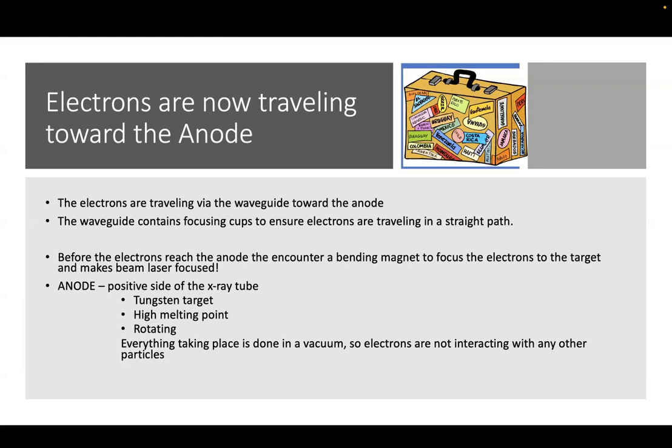It's made of tungsten, which has a high melting point because a lot of heat is being generated, and it's rotating. And this whole process of this X-ray tube is done in a vacuum, meaning that there's no air or gas in it. So this way, electrons are not interacting with any other particles.